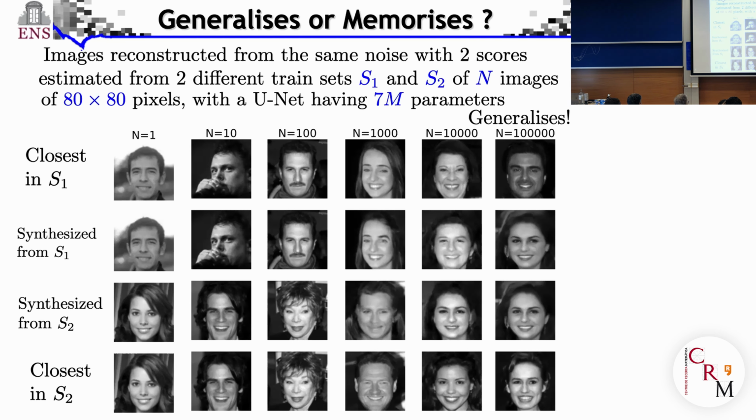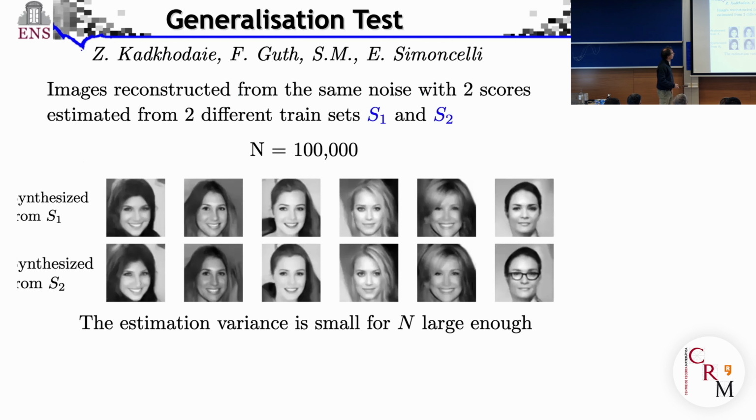That means that the variance of your estimator of the score is very small, so that indeed they are synthesizing the same image if you begin from the same noise. And you can look at that with different noise, and each time, if you have enough images, they are going to essentially sample the same image. In other words, you have a very small variance on your estimator.